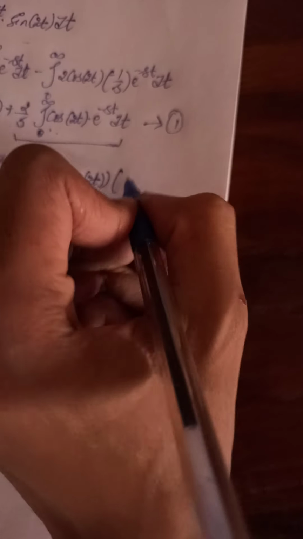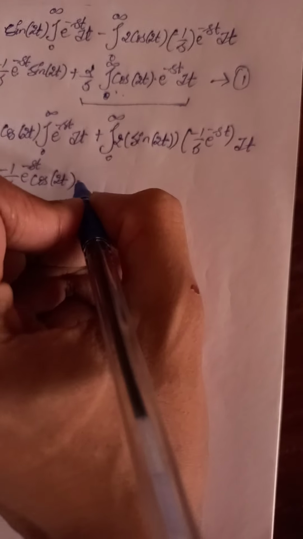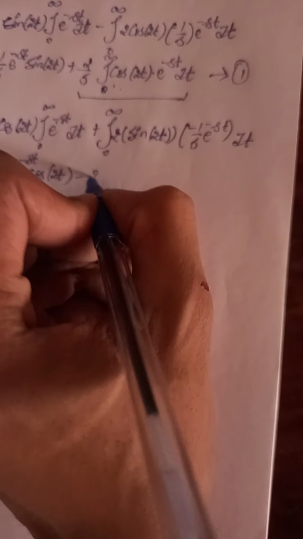Because it's minus sine 2t. Simplifying this, minus 2 by s, minus is because of this, integral 0 to infinity e power minus st.